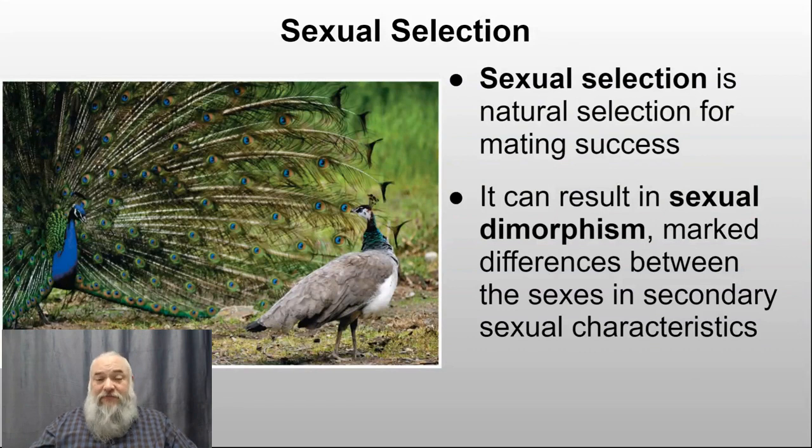It's still a survival detriment to be like this with these giant feathers and colors, because obviously it takes energy to make these giant feathers. It takes energy to make these vibrant colors. It takes more energy to run around with all these giant feathers. It's more likely to be visible to predators.